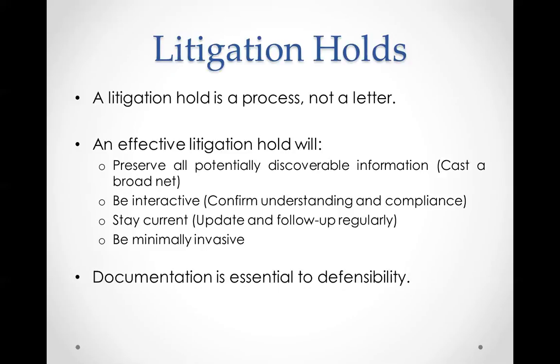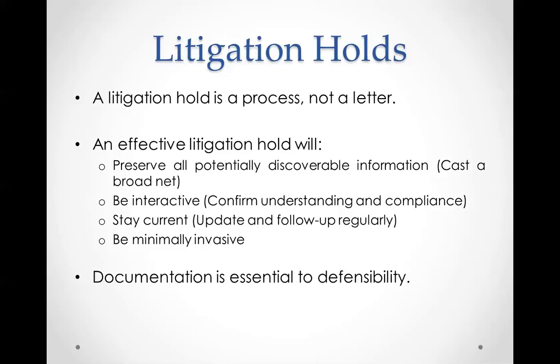First of all, you got to preserve all potentially discoverable information, so it should cast a very broad net. I sometimes have to explain to my very unhappy client why the litigation hold is so broad, because every client believes that their information that's relevant to the case is very narrow, because they don't necessarily view the case the same way their opponents do.